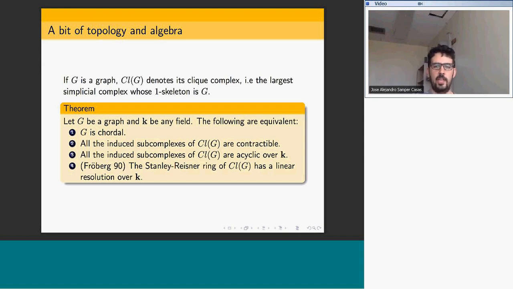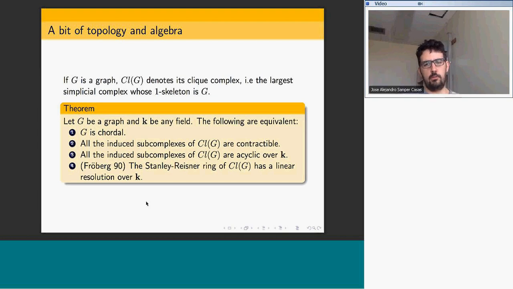In terms of homological properties of the Stanley-Reisner ring, you can say the Stanley-Reisner ring has a linear resolution over the polynomial ring, not over K. I will explain what this is, but from a commutative algebra point of view, this is as nice as it gets.